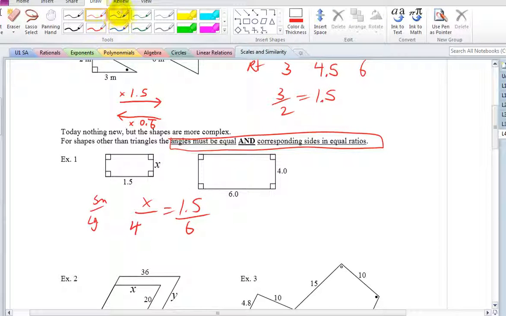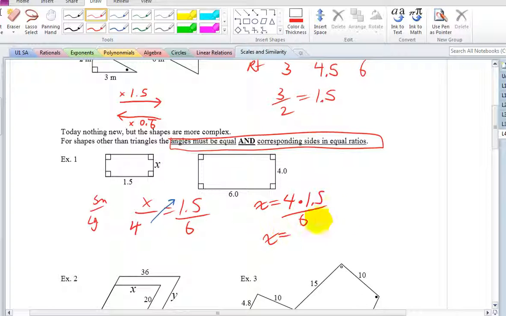So how do we solve these ones? What did we do? Yep. Yeah, instead of dividing by 4, we brought it up to multiply. Okay, and so we got x equals 4 times 1.5 divided by 6. It's a multiplication dot.